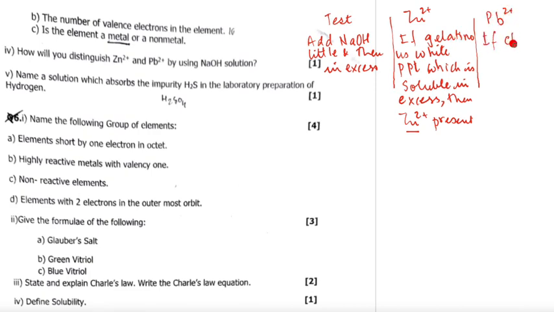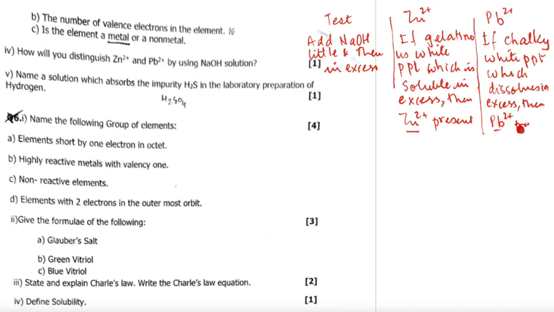We will have if chalky white precipitate, which dissolves in excess, then Pb2 plus present. Okay, so this is the format in which you have to show the distinction.